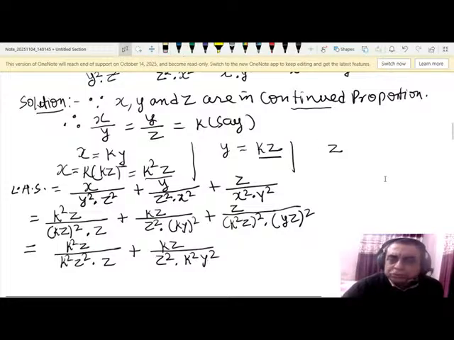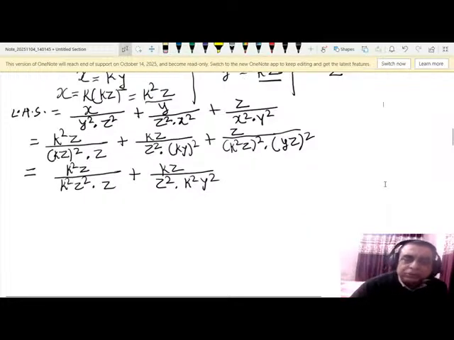So all you express in terms of z. Here in terms of x squared, you will have to write the value in terms of z. I have written xy, but you have to express it in terms of z.